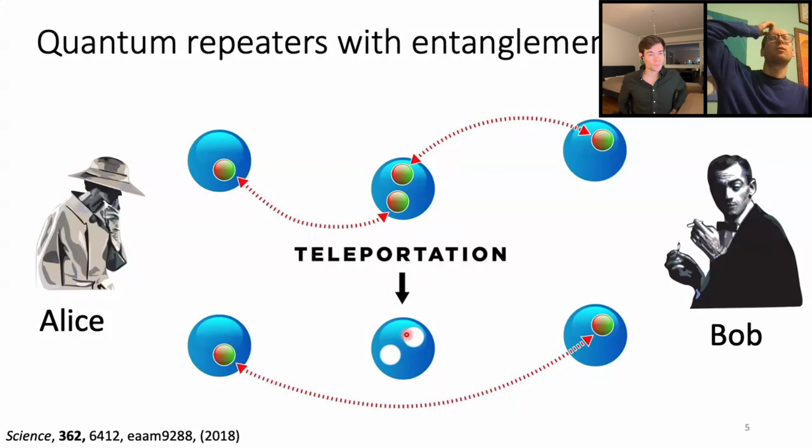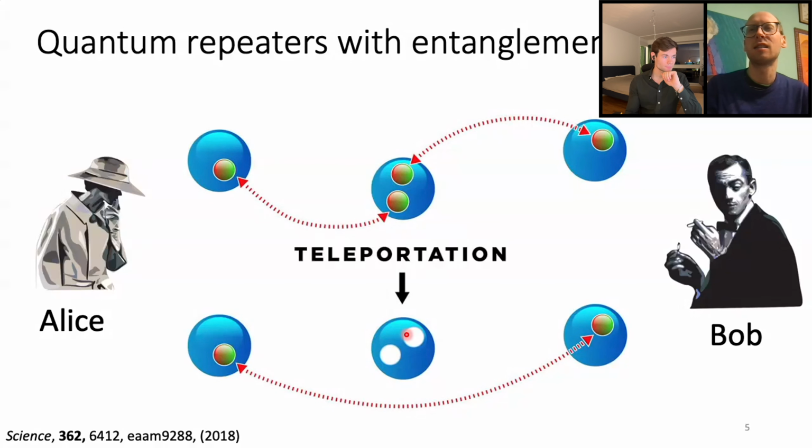So the idea here is that the naive way would be that, in order to generate entanglement between Alice and Bob, you would try to send a photon all the way from Alice to Bob. And then you have this exponentially long fiber, and that means that the probability that this photon arrives decays exponentially with distance.